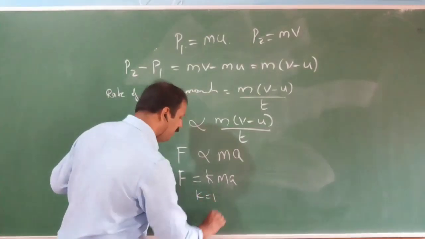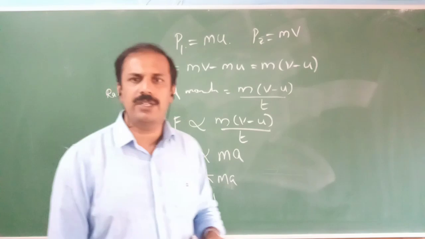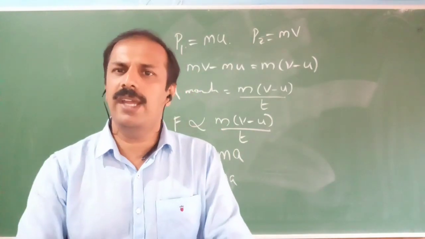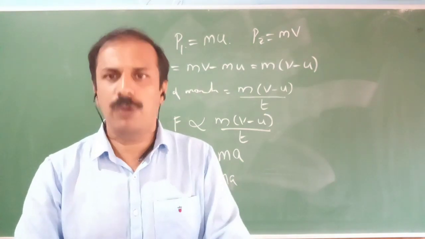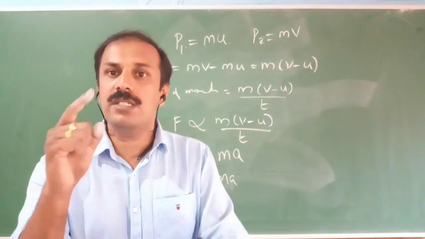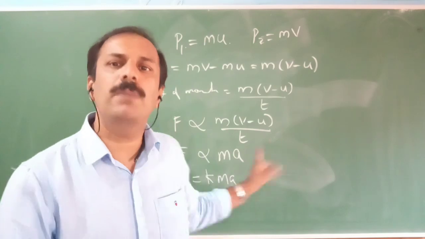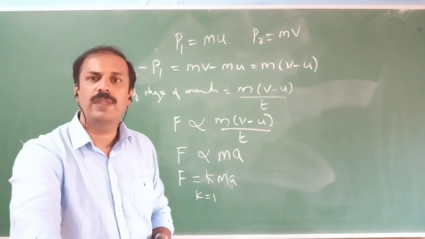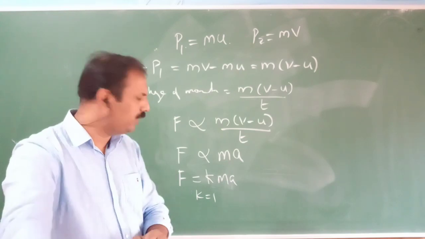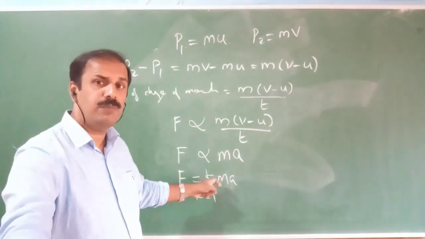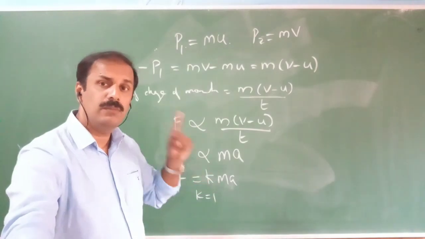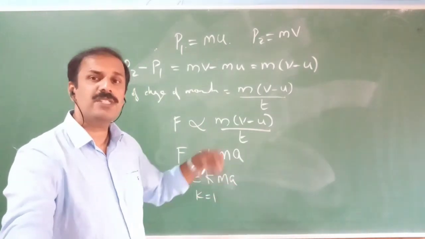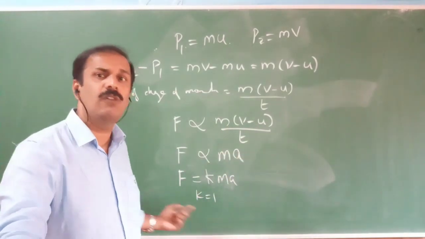This will be a little bit confusing for 9th standard children. Why does k become 1? We can simply say the SI unit of force, 1 Newton, is defined in such a way that k becomes 1. What is 1 Newton? If an object of mass 1 kilogram is accelerated by 1 meter per second square, then the force is 1 Newton.